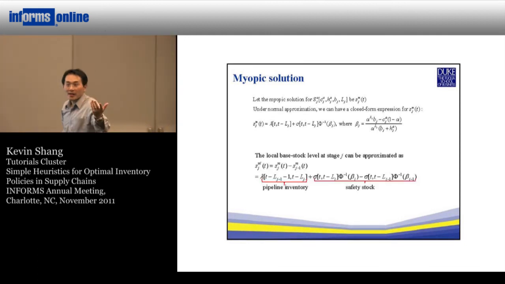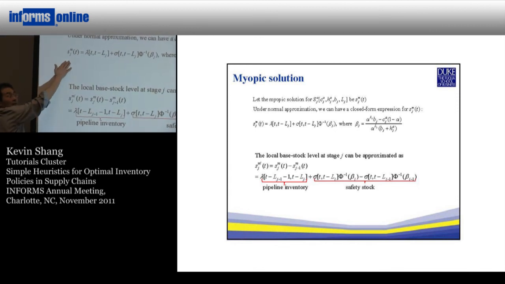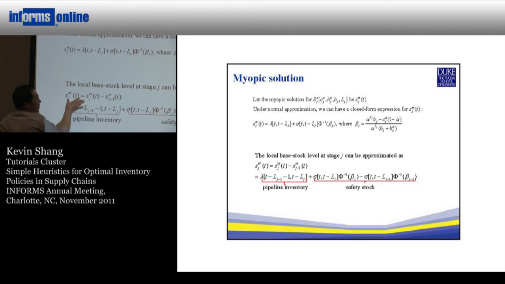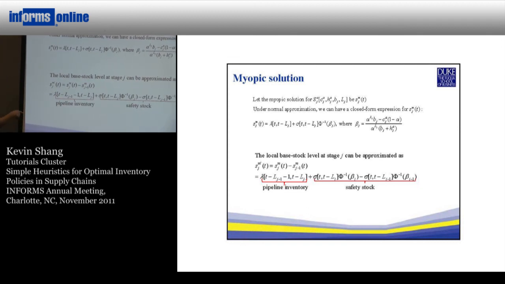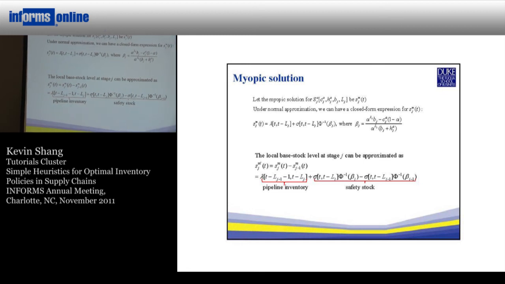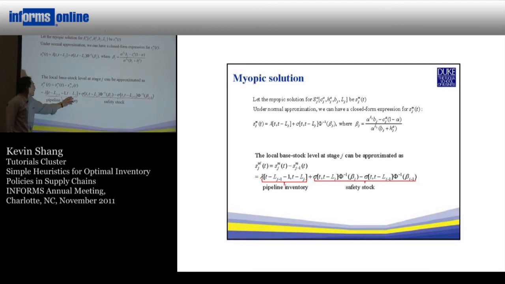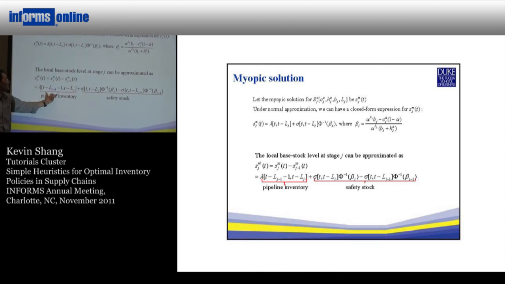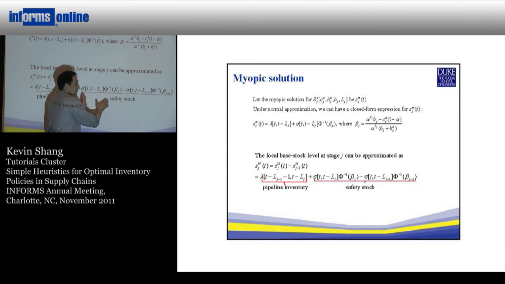If you are interested in the local base stock level, the difference from the echelon one is the local base stock levels. From here, we can do some sensitivity analysis to get insights. If you are the manager at stage J, all the way up in your upstream, here is the pipeline inventory that you should stock, pipeline inventory plus safety stock, which is the difference of this.